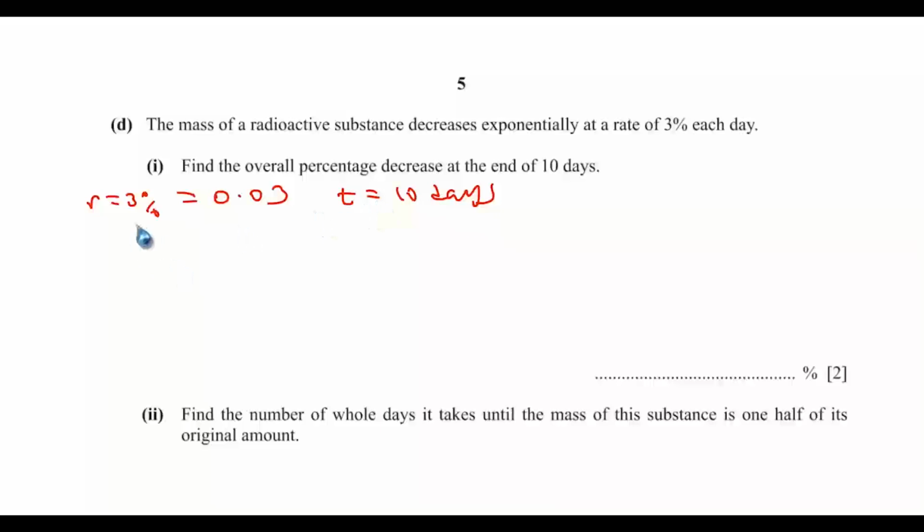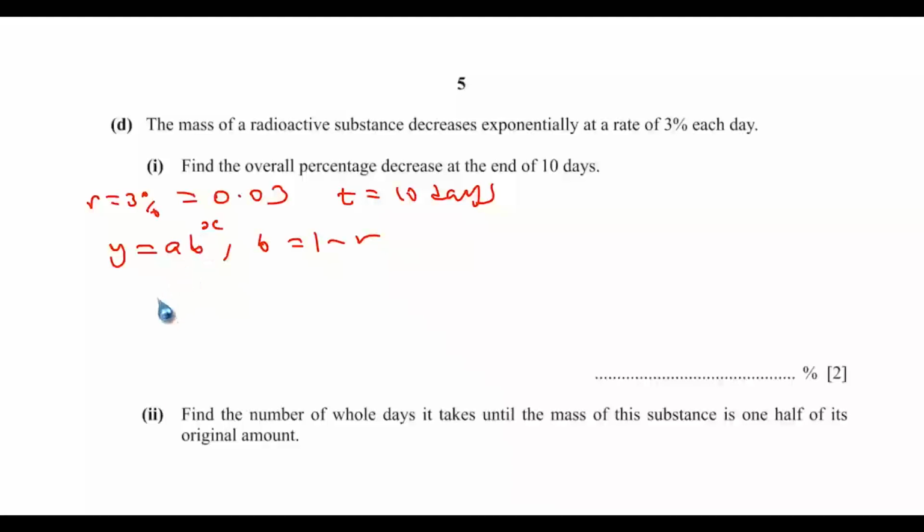Using the formula for exponential decrease, we have y equals a times b to the power of x, where y is the new value, a is the initial value, b is 1 minus r because it is decreasing, and x is the time.